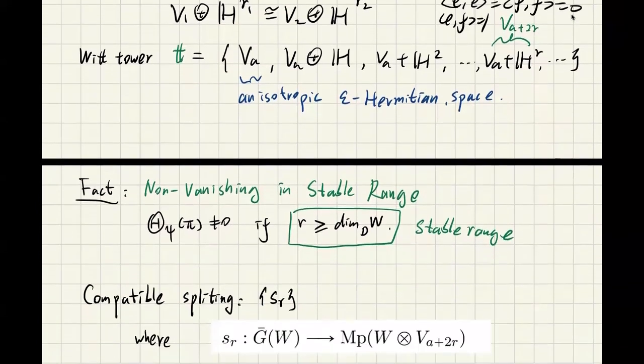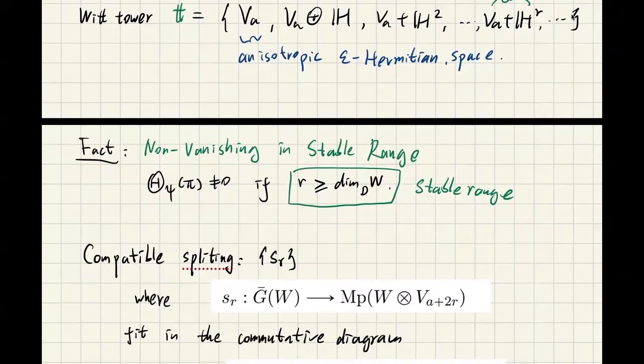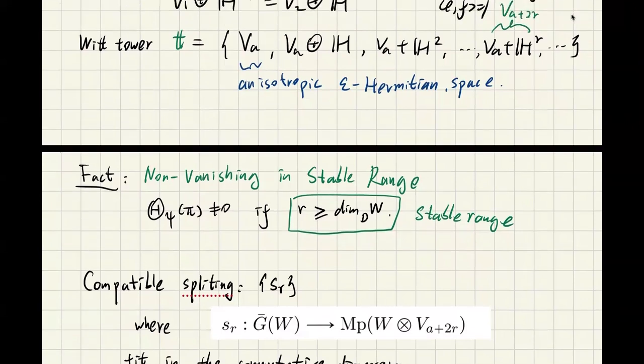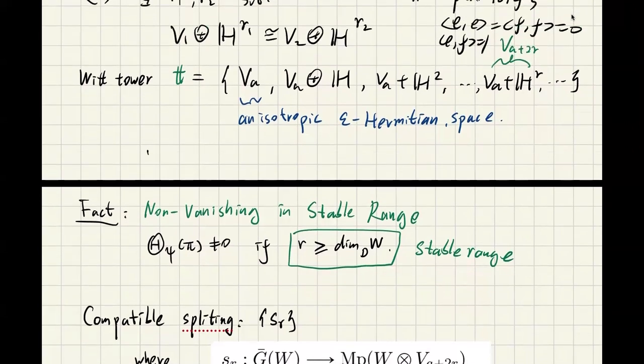And so there's an important theorem, not very difficult to prove but still technical, which is non-vanishing in the stable range. You consider a space W, the group G-bar W, and a representation of this, and you want to lift it to H-bar of V_A plus H^R.